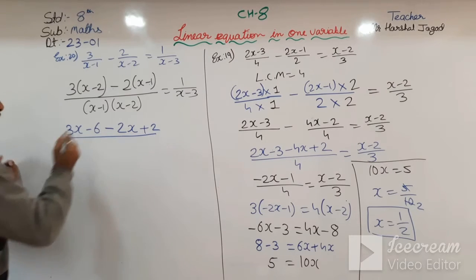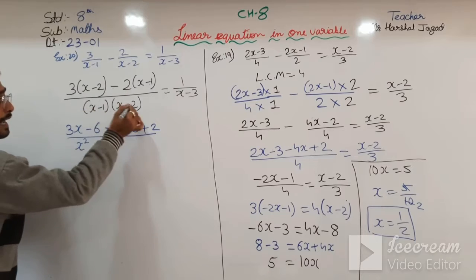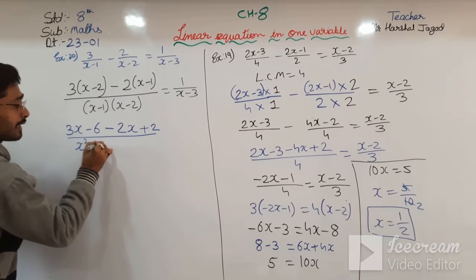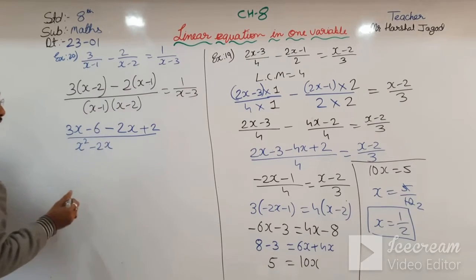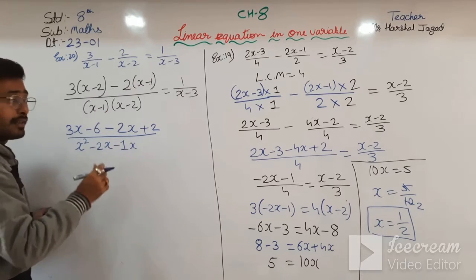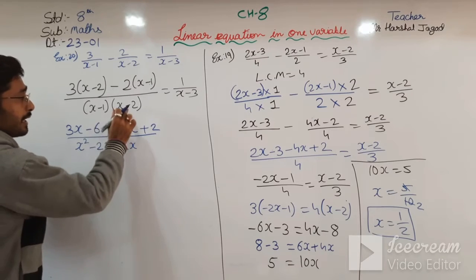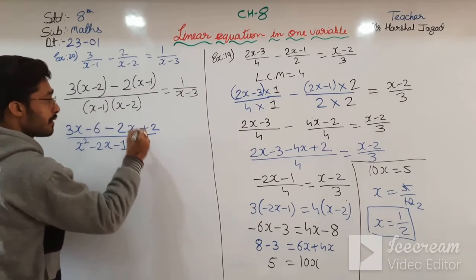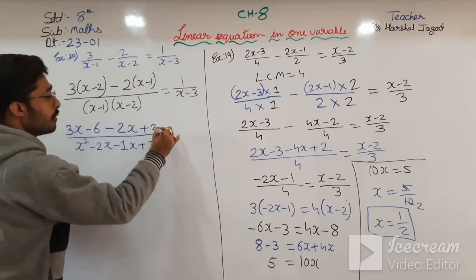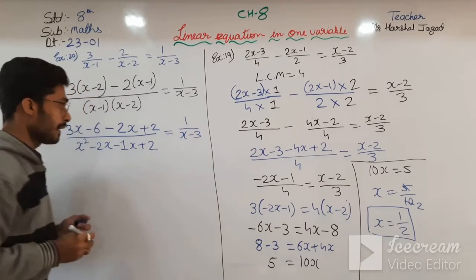So x into x, that is x square, then x into minus 2, that is minus 2x, then after minus 1 into x, that is minus 1x, minus minus plus 2 ones are 2 is equal to 1 upon x minus 3.